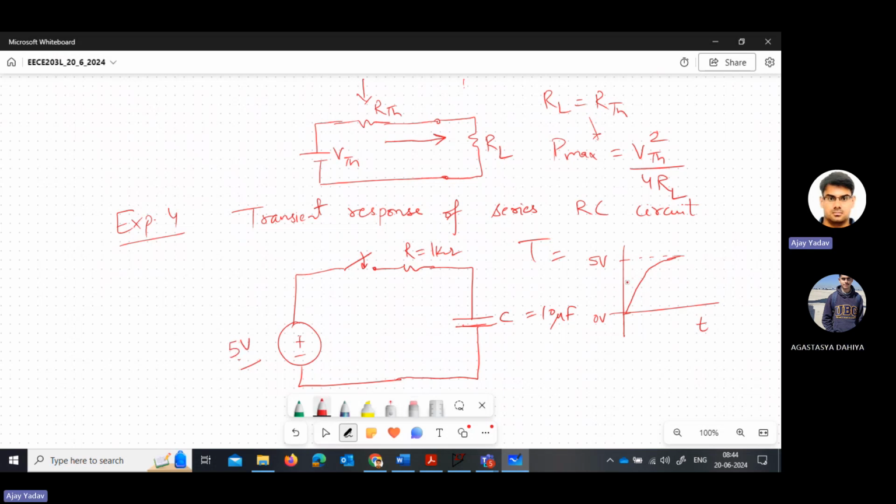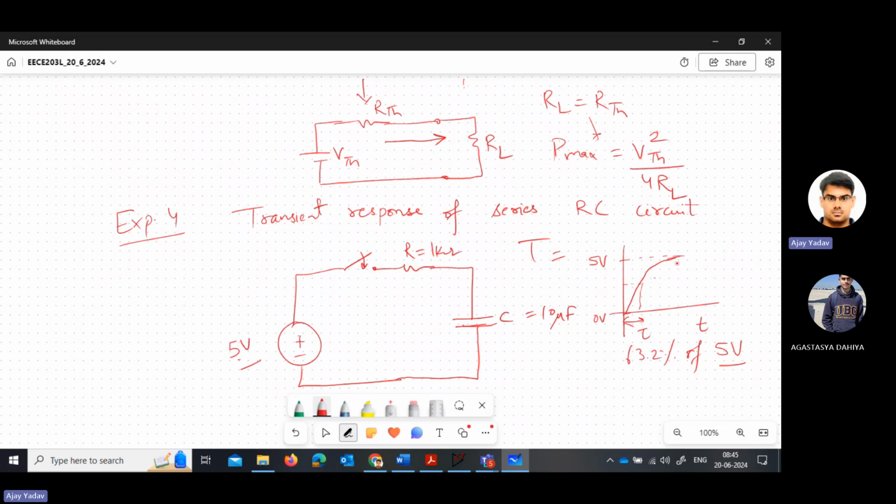The time it takes to go from 0 to 63.2% of the maximum, that is 5 volt, is called the time constant. So tau is the time taken for this voltage to go from 0 to 63.2% of the maximum value or steady state value. That is the time constant.